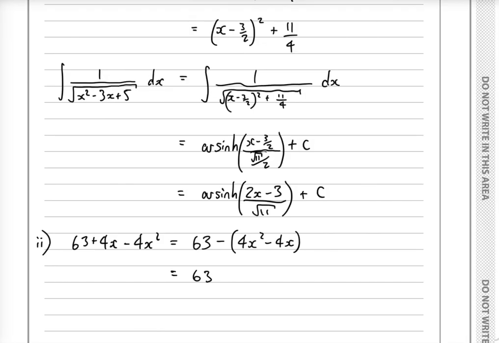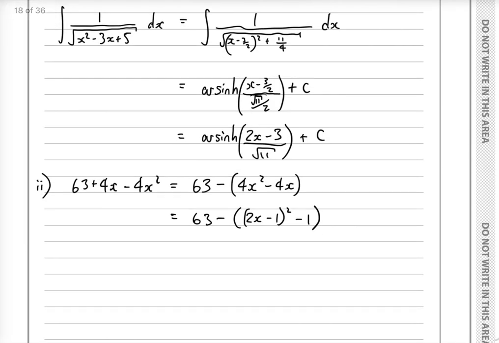Then using that, we can write that as 2x minus 1 squared. And then we have to take off a 1 to make that true. So if we do 63 minus 1, we get 64 minus 2x minus 1 squared, which of course is 8 squared minus 2x minus 1 squared.